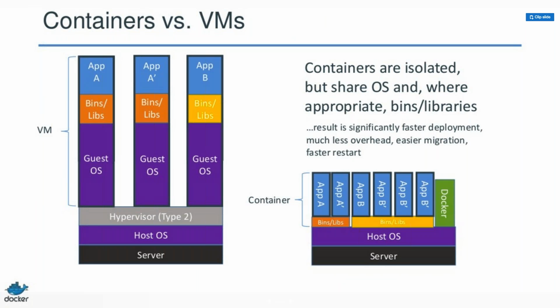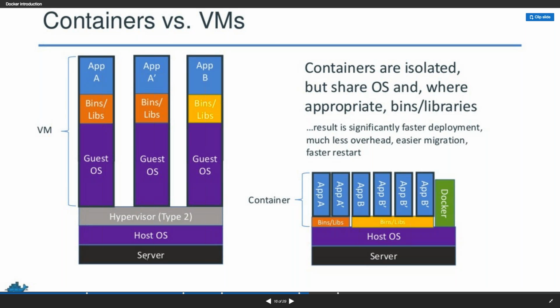Normally there's a physical server, a host operating system, and a hypervisor that runs other operating systems, and it has some binaries for app A and B. This is one version of app A and another version of app A. In a container, there's one operating system, and app A uses the same copy of the binaries for two versions. App B uses the same copies of the binaries for app B. And Docker is just running there, managing these processes.